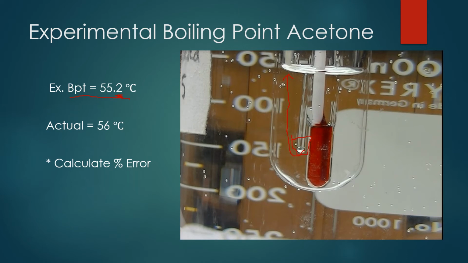The actual boiling point of acetone I got from Table 1, and that is 56 degrees Celsius. You're going to need to use these two values and calculate percent error, keeping in mind that the experimental boiling point is your measured, and the actual boiling point from the table is the true value.